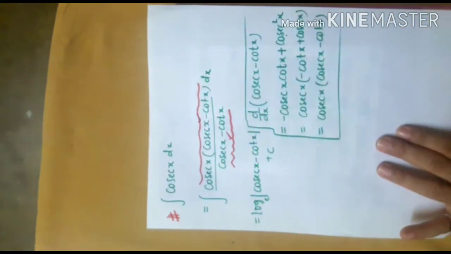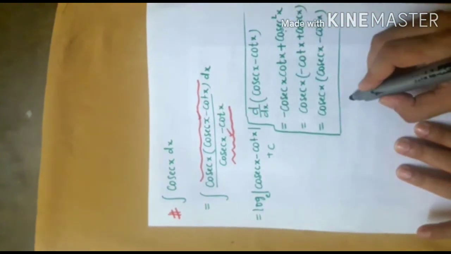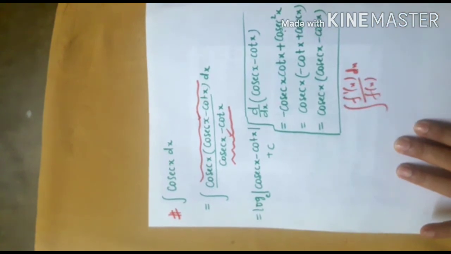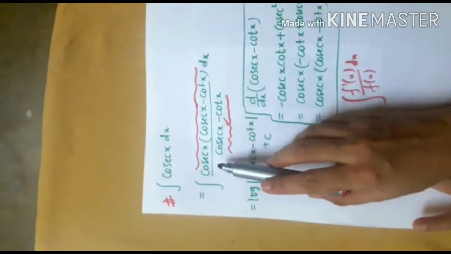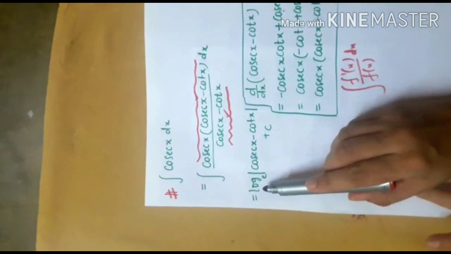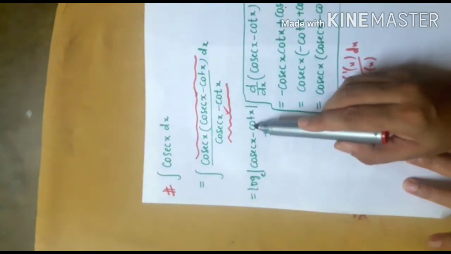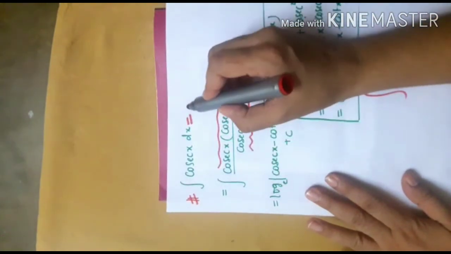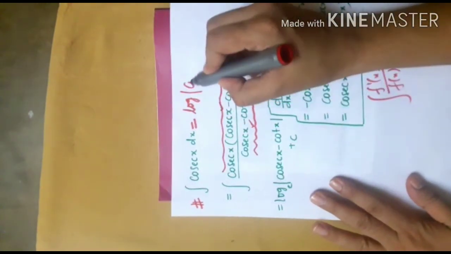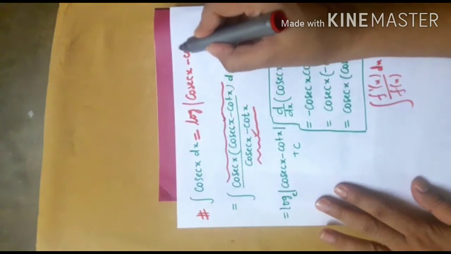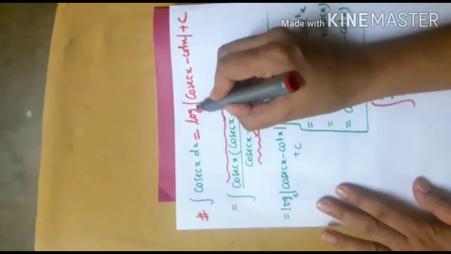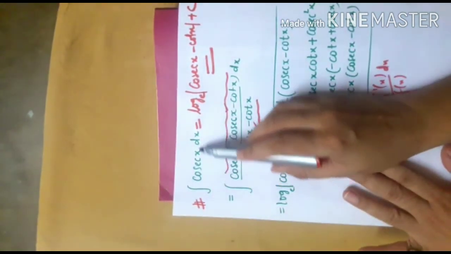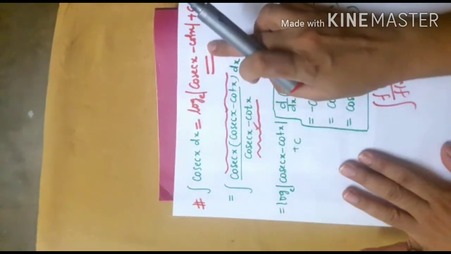So again the integral is of the form f dash x over f x. So the integral will be log of the denominator, that is log of cosecant x minus cot x. So remember this. Integral of cosecant x is log cosecant x minus cot x plus c. Wherever we are to write integral cosecant x, we shall be using it directly.